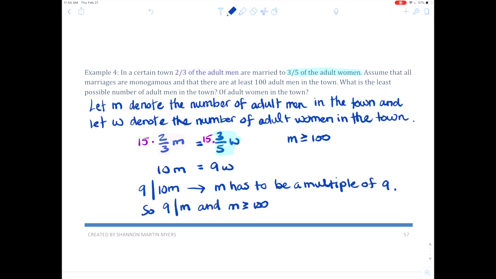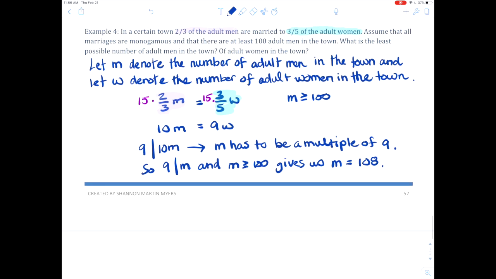So fulfilling those two requirements gives us m has to equal 108. There must be 108 men. Well, coming back to our equation here, right?